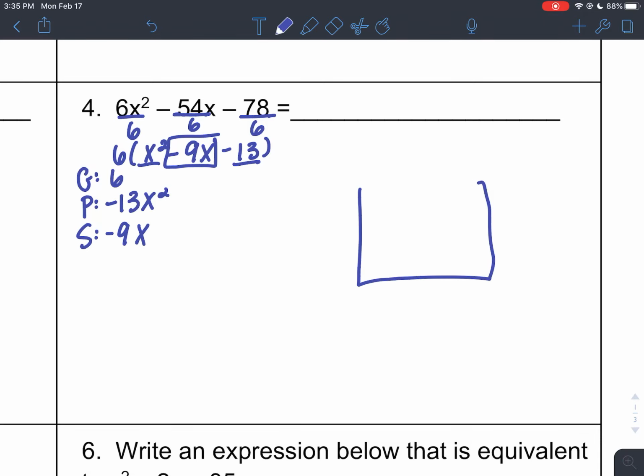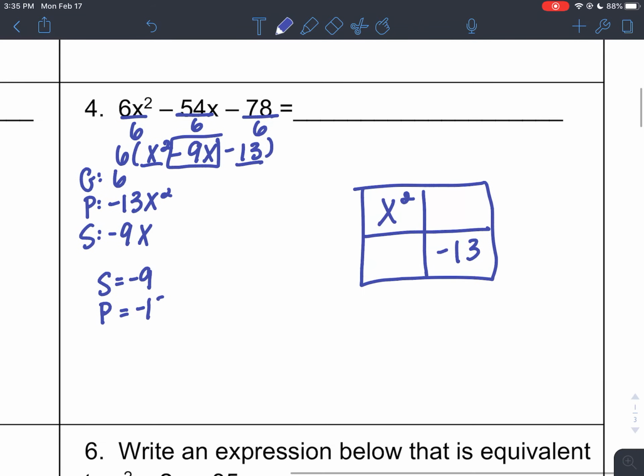So here, if I draw my box, we have x squared in that first box and negative 13 in that second box. Your sum is equal to negative 9. Product is equal to negative 13. So 1 times what would give me 13? 13, since it's a prime number, we know that I don't have any other multiples. Negative product means different signs.